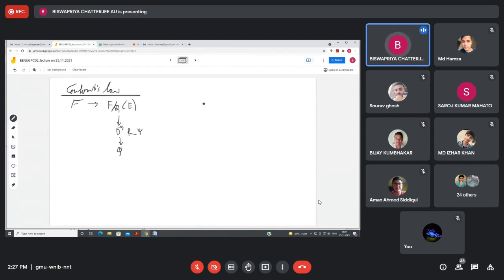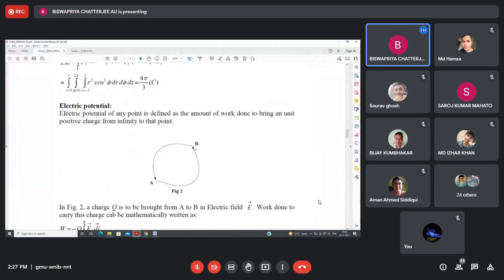Now, we shall see a very familiar topic which is called potential. What is potential? To define the potential of any point, let me show you the definition.